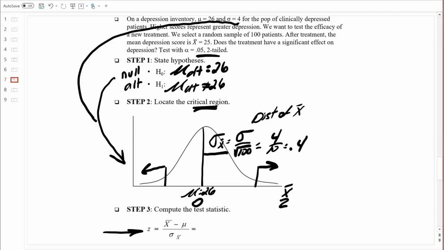Together, those two critical regions need to account for 5% of the distribution. That means in each critical region, on each side, there would be 2.5% of the sample means in that distribution of all possible sample means. We need to find what z-values mark off 2.5% of that distribution.